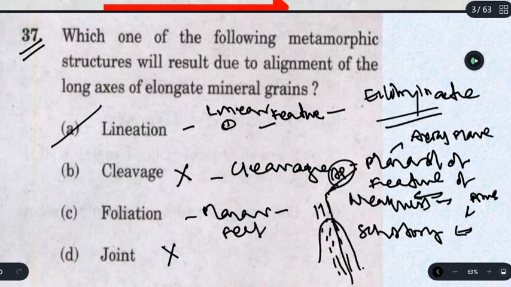Tell me. क्या इसको कौन बताए? Huh? That is called axial planar cleavage, right? The terminology is axial planar cleavage. Yes or no?